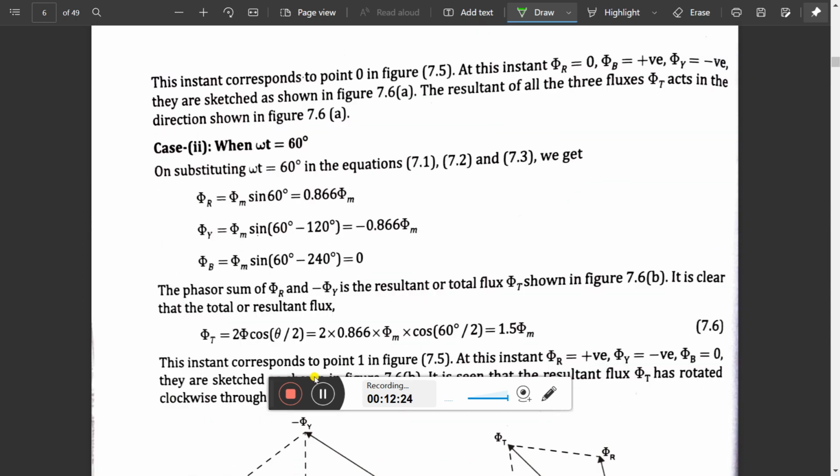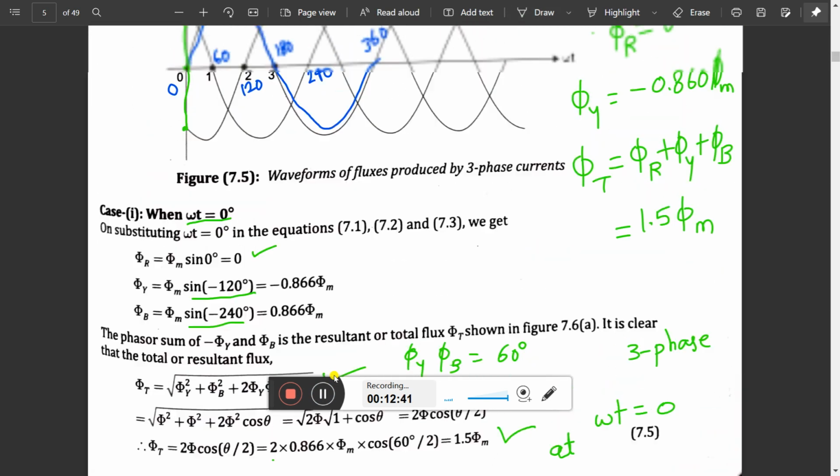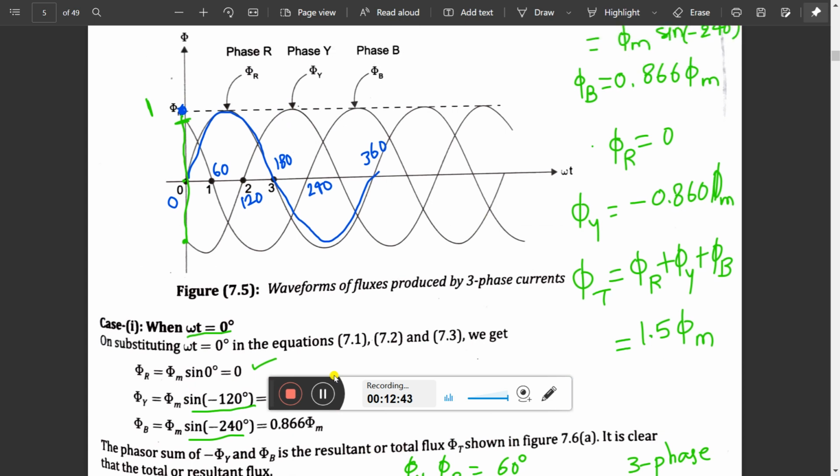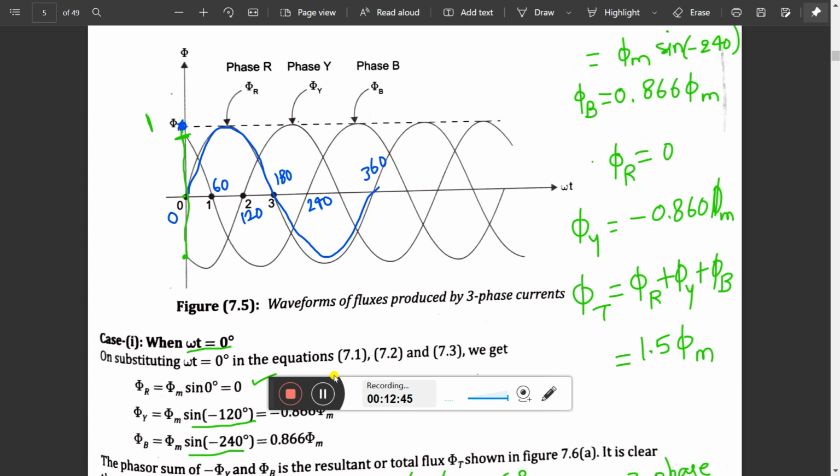Second condition. We have discussed omega t equal to 0, we have done that. The second one is when omega t is equal to 60 degrees. You can observe in the waveform also. Observe the waveform when omega t is equal to 60 degrees.